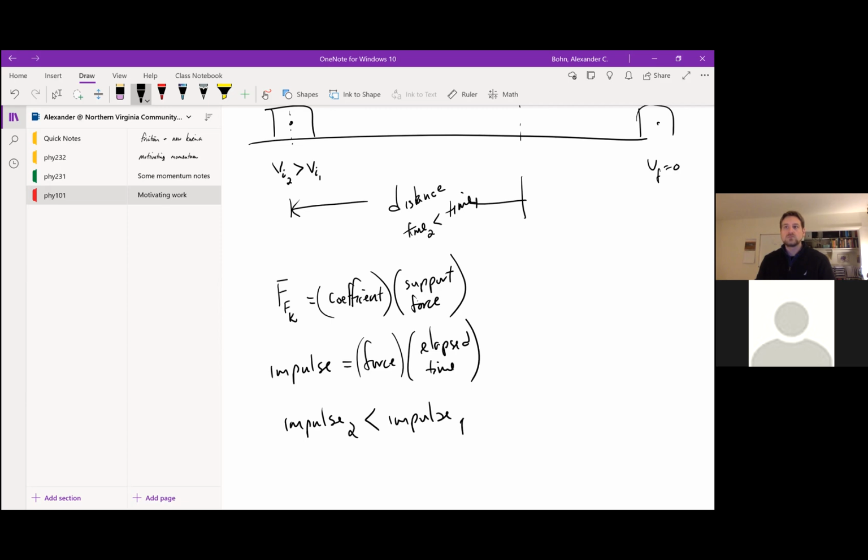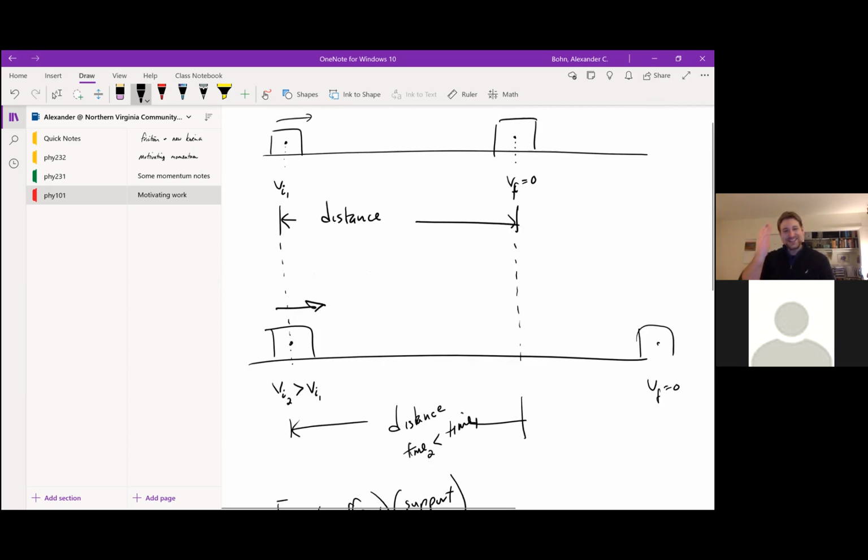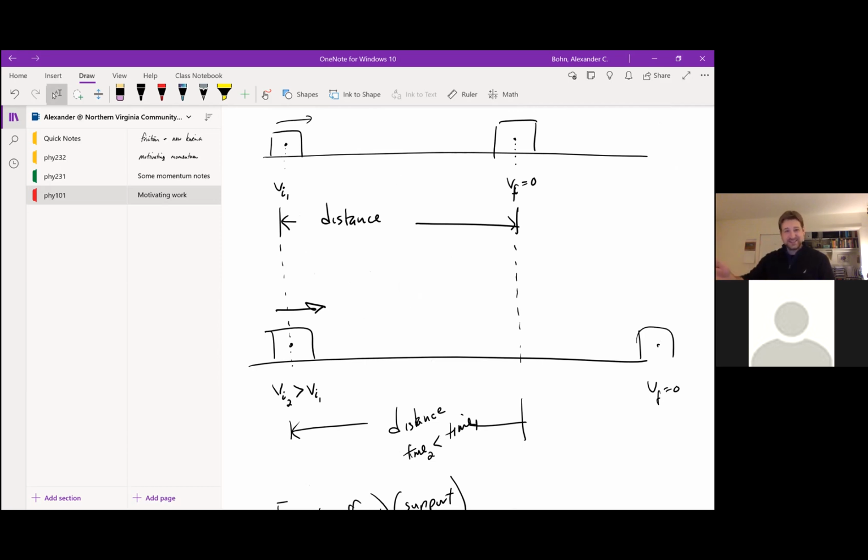That's a little bit odd. We slid the same distance over the same surface, but the second time, that force imparts less impulse. Even though the acceleration is the same, it takes us longer to come to a stop.